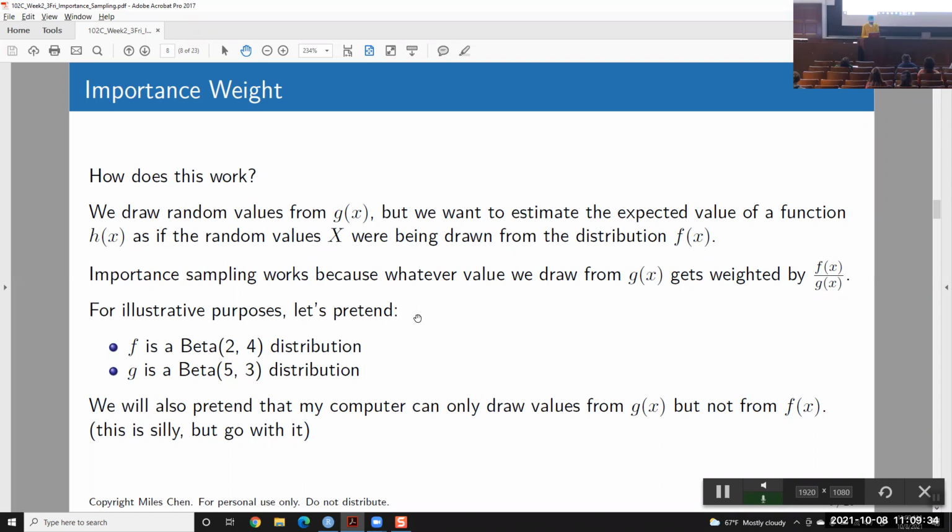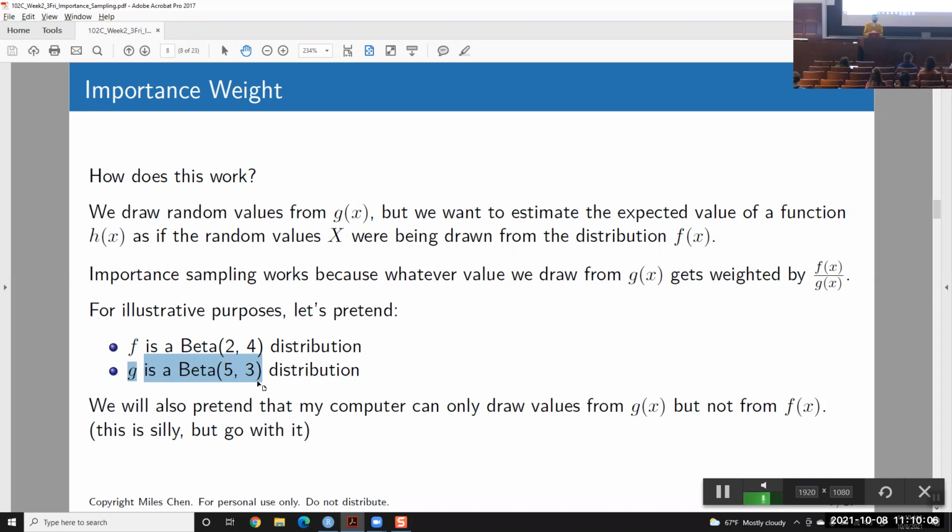So we're going to pretend that f is a beta distribution with shape parameters 2, 4. And we're going to pretend that my computer is not able to generate values from the beta distribution 2, 4. But we are able to generate values from this distribution, beta with shape parameters 5, 3.